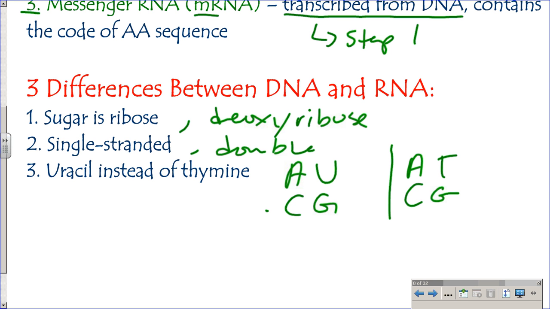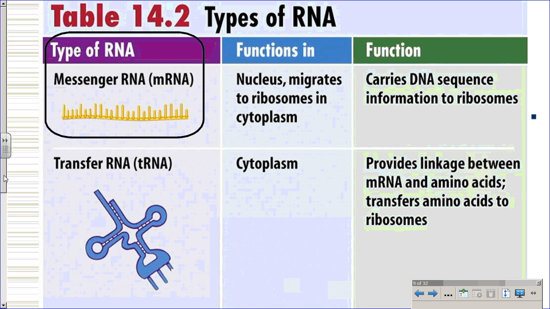So those are the differences. I have another chart that's got a comparison of the RNA types and their functions, but I want you to add the location. That's the only thing that's not on here yet. You can probably infer the location because you know what they do a little bit, but I want to make sure. All right, so here's what mRNA looks like, if you like to draw it. You notice that it's just a single strand. It's got little prongs on it, which represent the nucleotides that are the nitrogen bases.